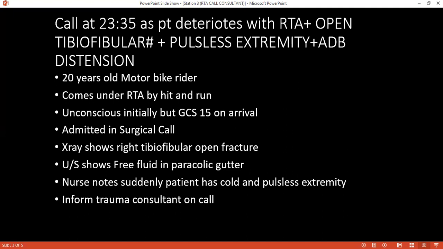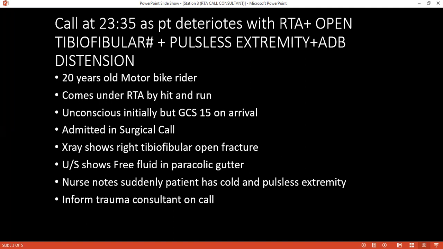He was a motorbiker. On examination, the patient was initially GCS 15/15 on arrival, but now the patient is unconscious. On examination, the abdomen is distended and rigid.